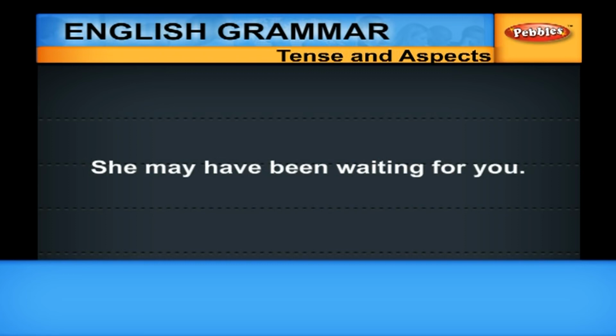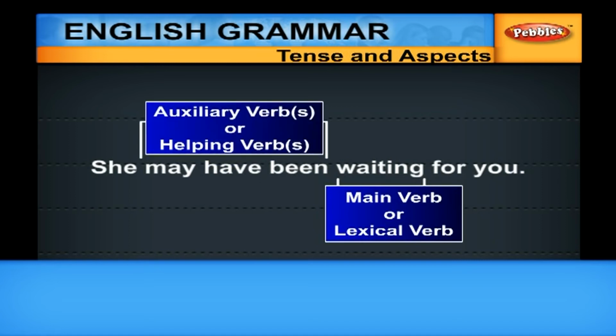It is by a combination of main verbs and helping verbs that we are able to generate complicated verbal structures. A verb is classified into 2 types: main verb or lexical verb and auxiliary verb or helping verb.